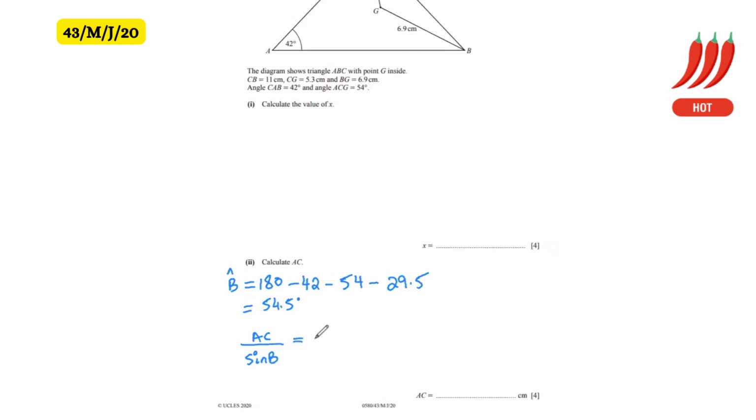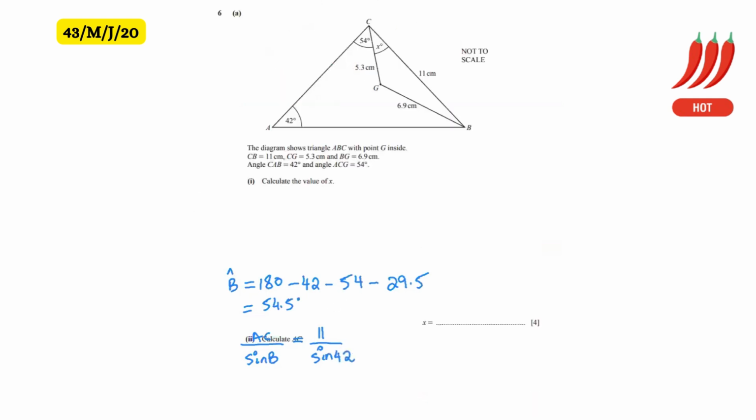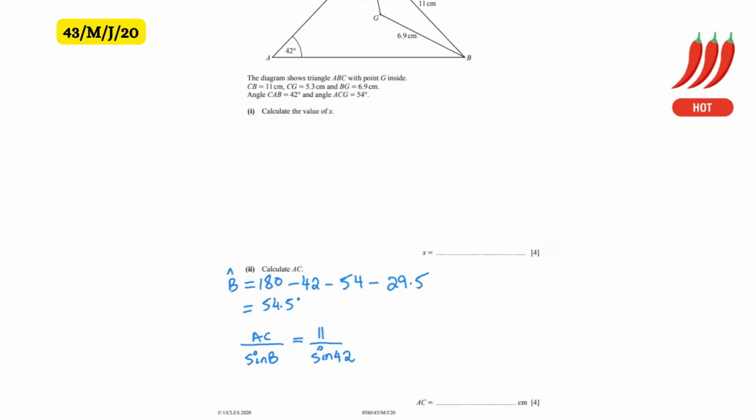And this equals 11 over sine of 42, because CB, the length, is opposite to the angle A, which is 42. So it's going to be AC over sine of 54.5 equals 11 over sine of 42.